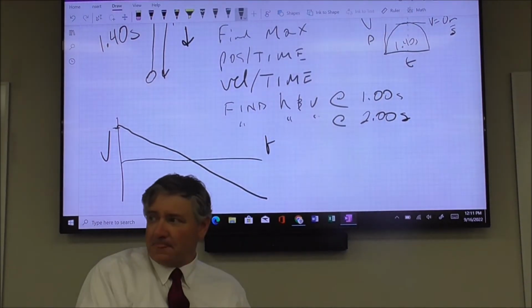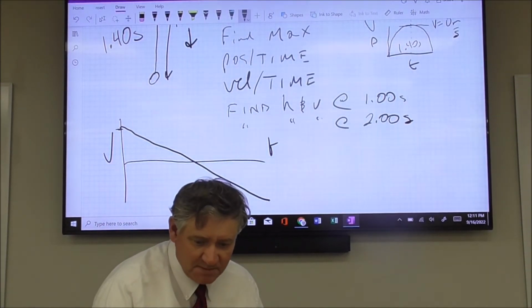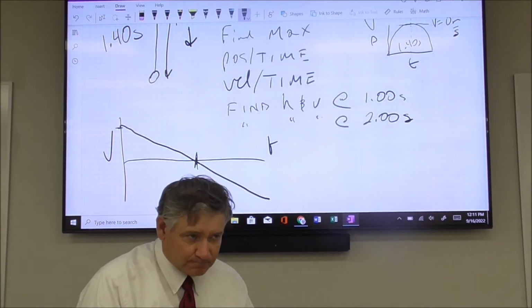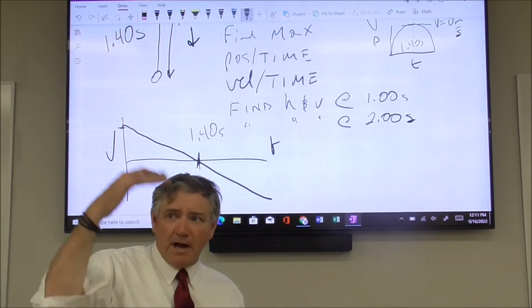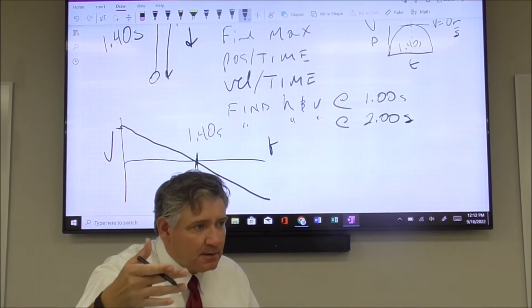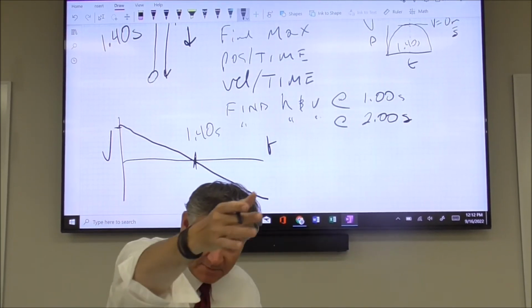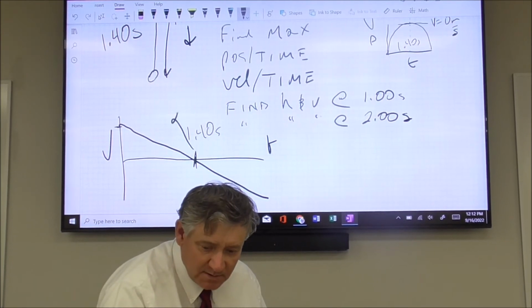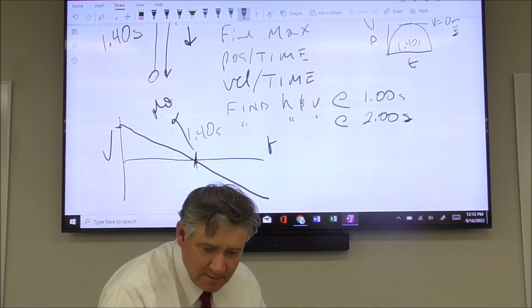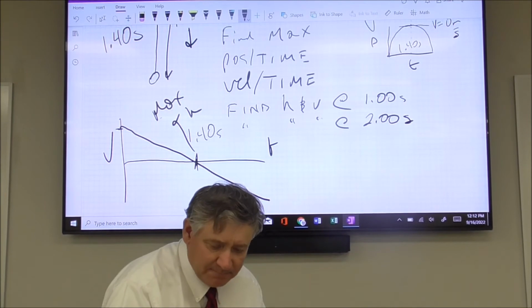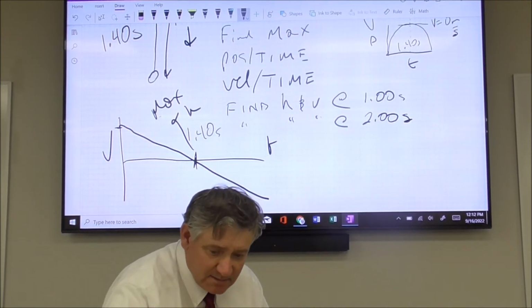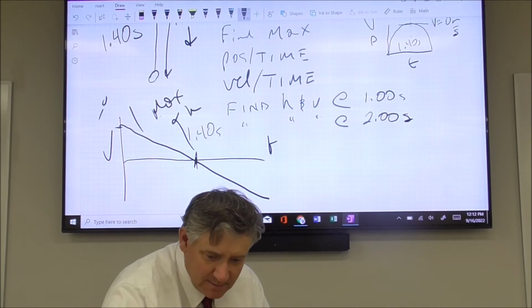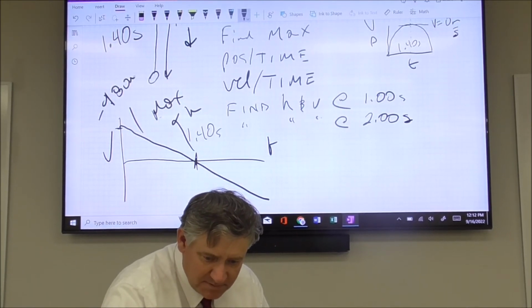Now, where's the ball at that point? 1.40 seconds, but physically, where is the ball? Top, right? At maximum height, top of the flight. So do we know the slope of the line? Negative 9.8 meters per second squared.